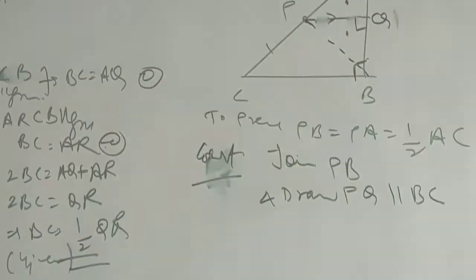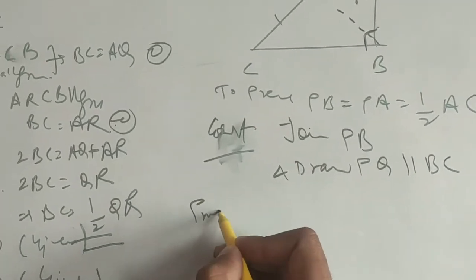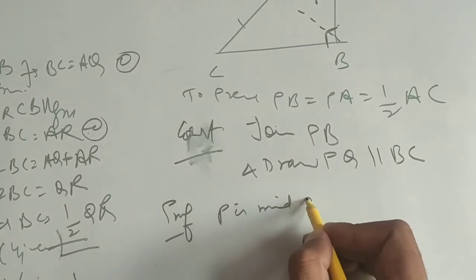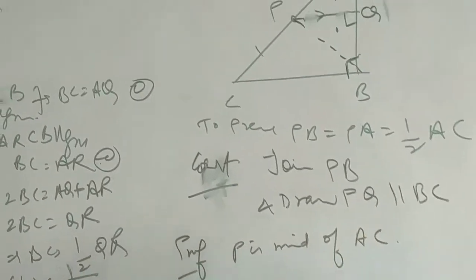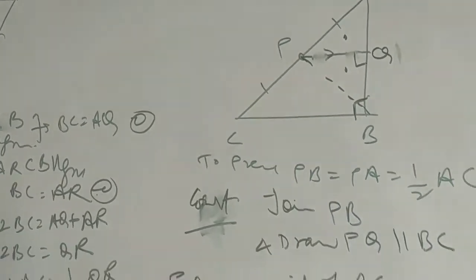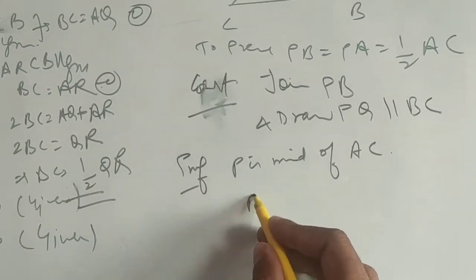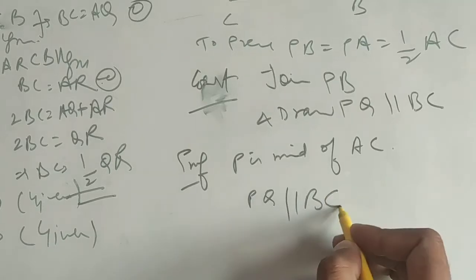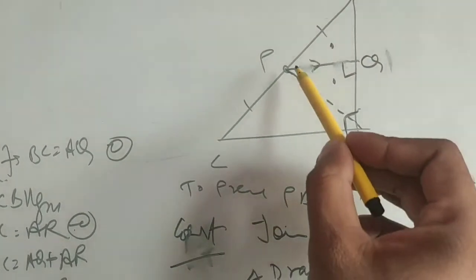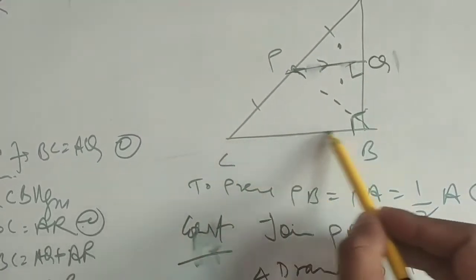P is mid of AC. It is given that P is mid of AC. And by construction we know that PQ is parallel to BC. So this is the midpoint and this line is parallel to this line.